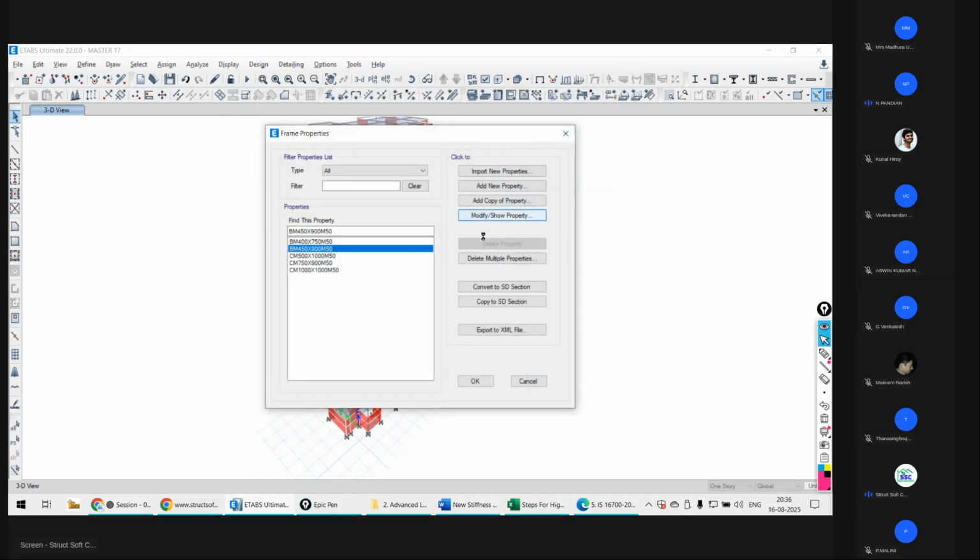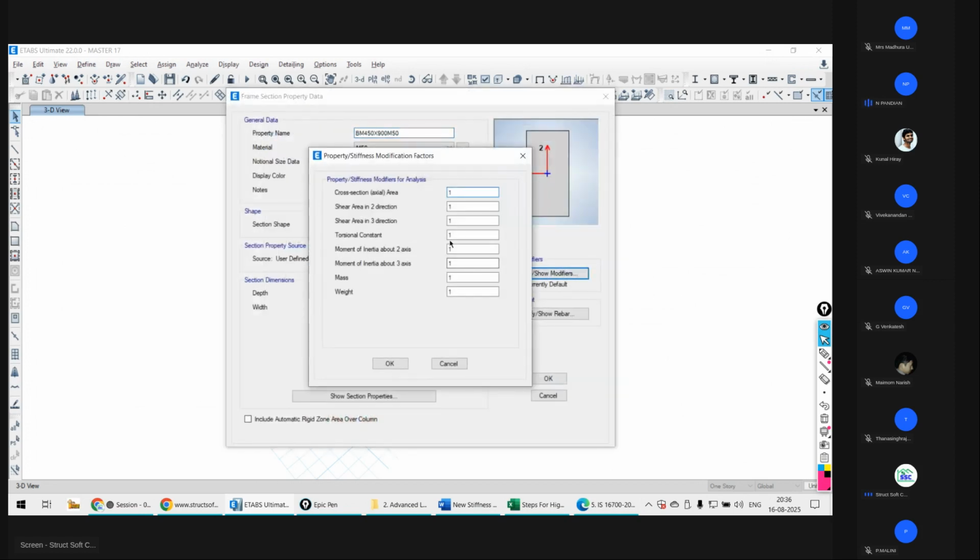For the torsion, point not one, sir? Point not one, also point one, both you can take. Okay, sir. 0.1%, okay, we are not putting it to zero. That's only 0.7, it should be 0.7.